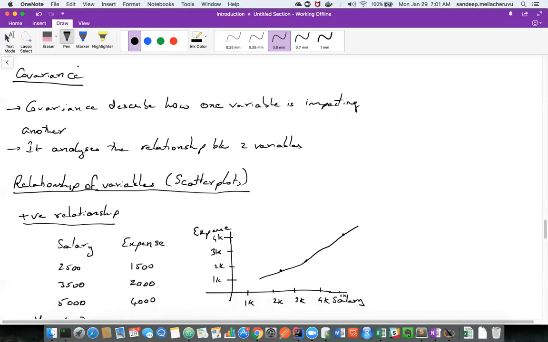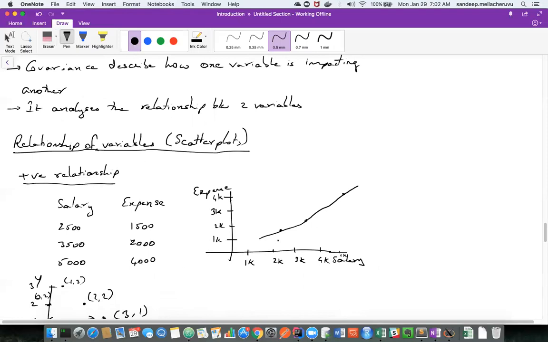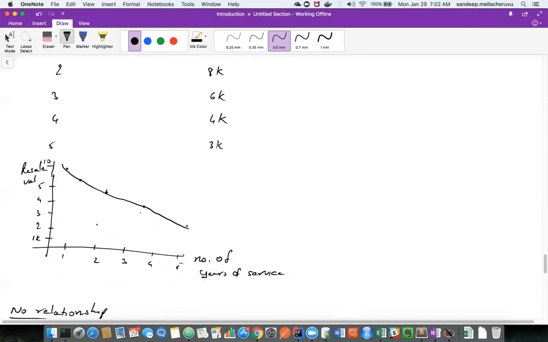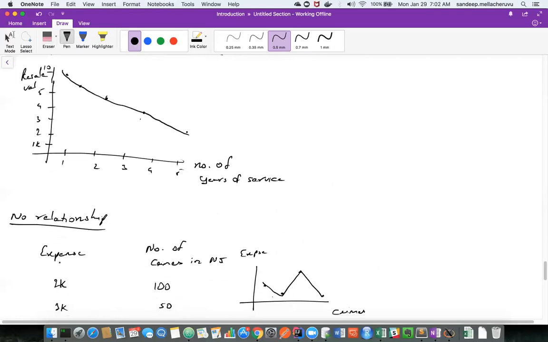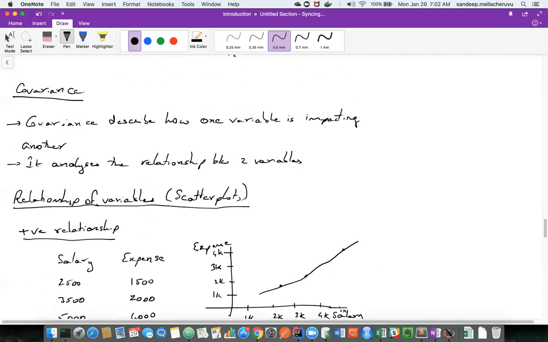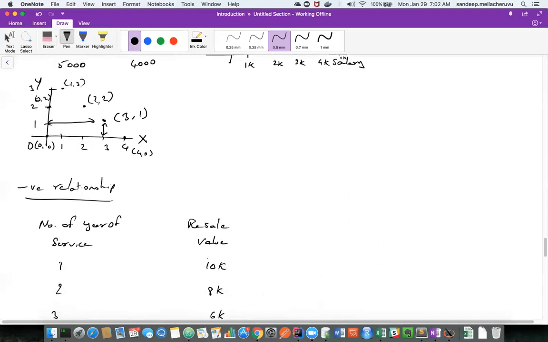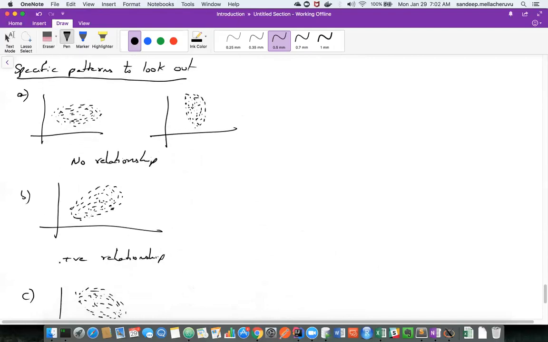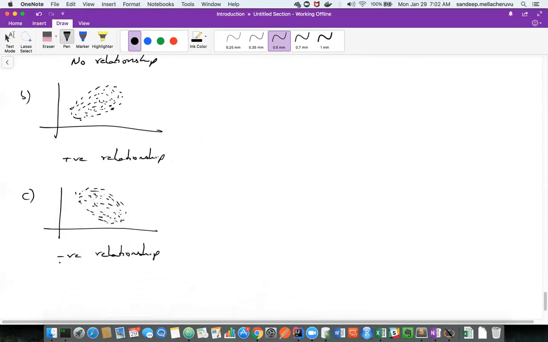But all we can find out in a scatter plot is whether it is a positive relationship, a negative relationship, or no relationship. One thing that we are missing is how closely the variables are related. It's just showing there is a relationship, but not how closely. And that is where we have something called covariance.